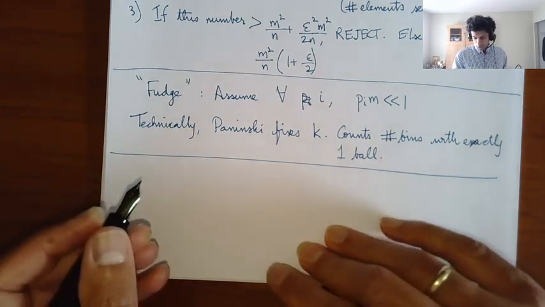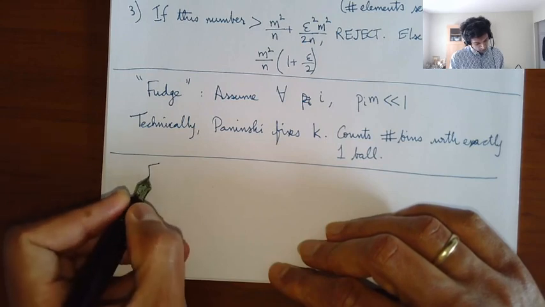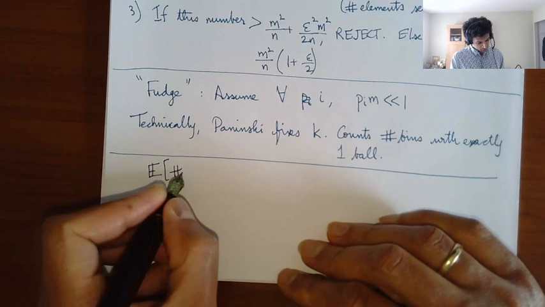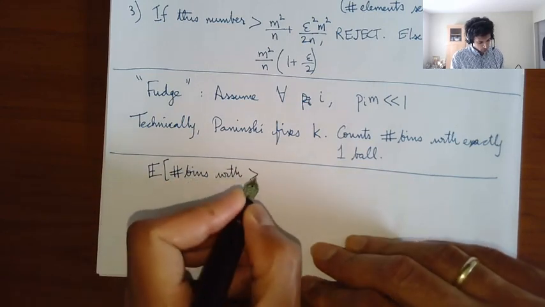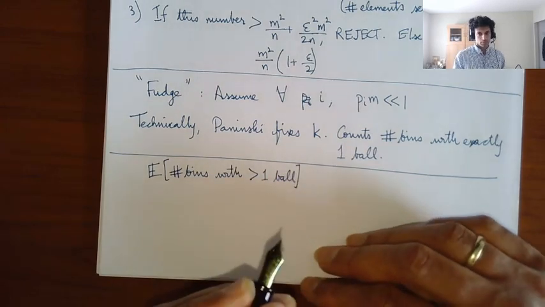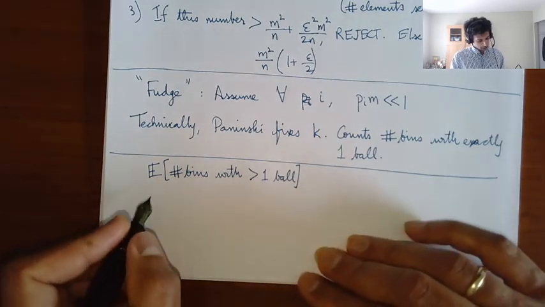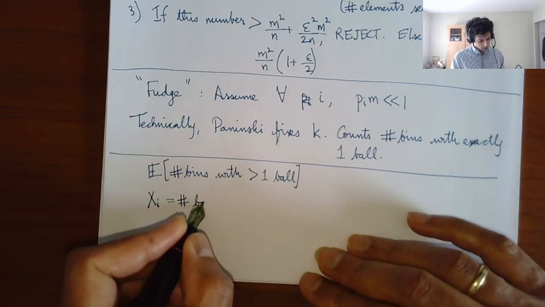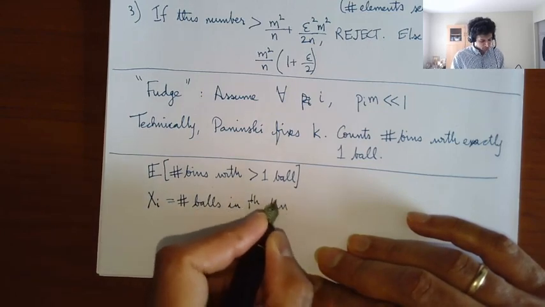Okay, so what is the expected number of bins with more than one ball? Okay, the expected number of bins. Now let xi be the number of balls in the ith bin.